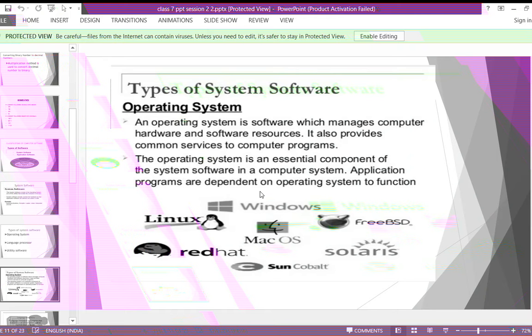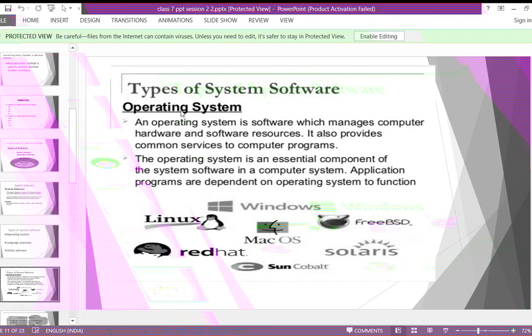But if he doesn't know the location, he will go somewhere else. So the location is very important. In the same way, the operating system is important in our computer system. When the user is working on the computer, in between, this operating system does the work. So the operating system is the interface between the computer and the user.